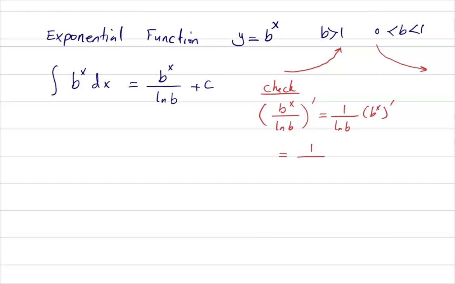As you remember, the derivative of b to the x is ln of b times b to the x. So you can cancel out the common factor, and you get b to the x. Since the quantity b to the x is the same as the function inside your integral, it means that your integral is correct.